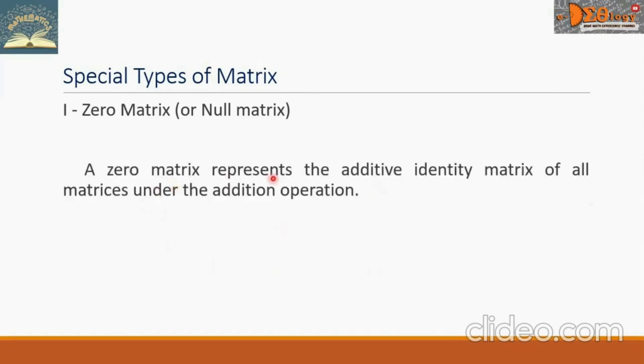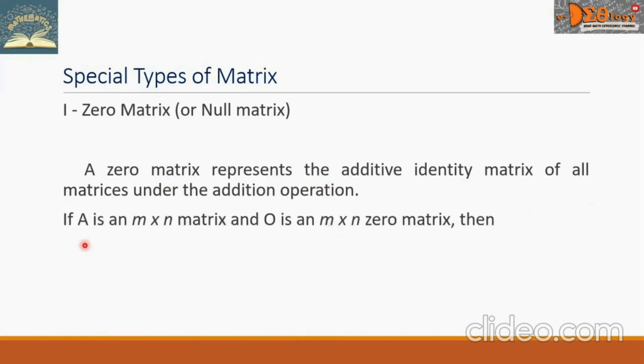A zero matrix represents the additive identity matrix of all matrices under the addition operation. If capital A is an M by N matrix and capital O is an M by N zero matrix, then A plus O is equal to O plus A equals A.